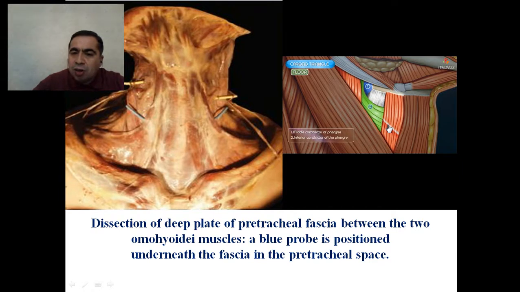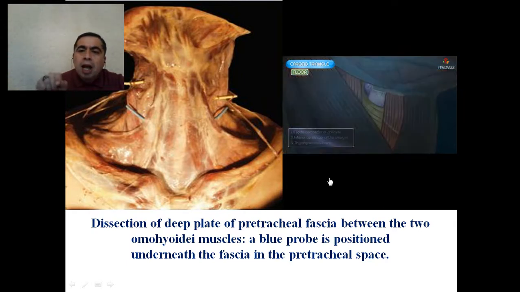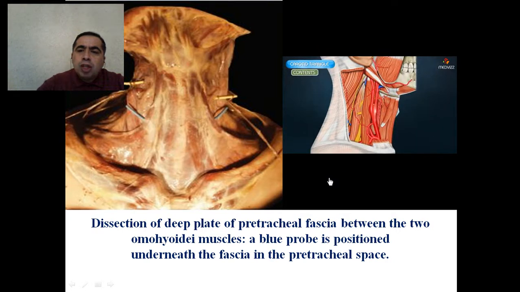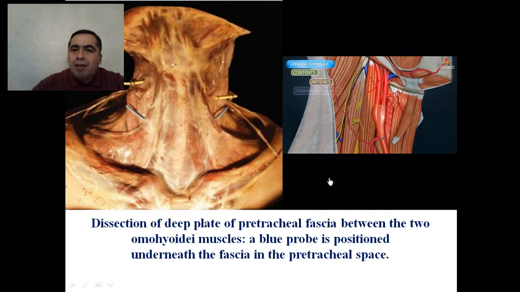The middle constrictor of the pharynx, then the inferior constrictor of the pharynx, and the thyrohyoid membrane, which will be pierced by the branch of the superior thyroid artery, the superior laryngeal artery, and by the branch of the vagus nerve, the superior laryngeal nerve.